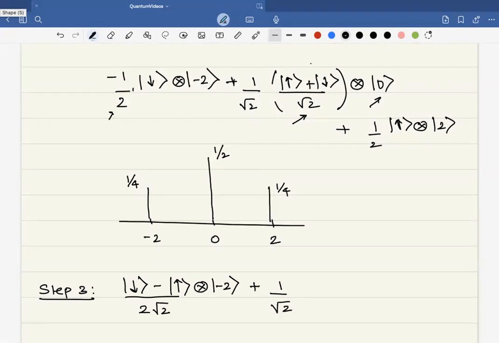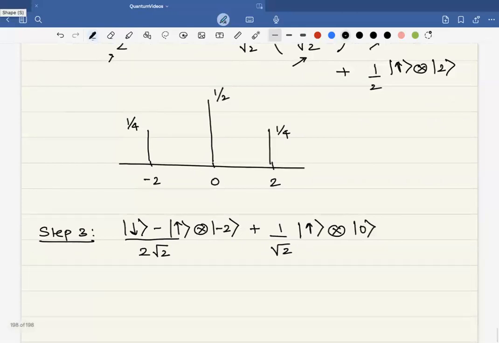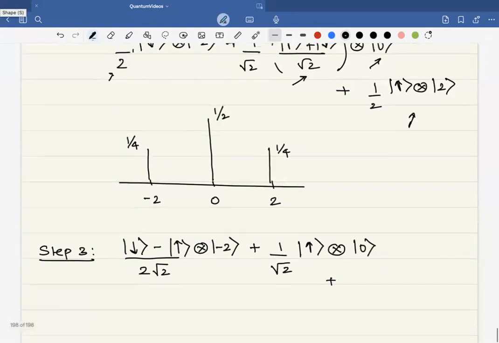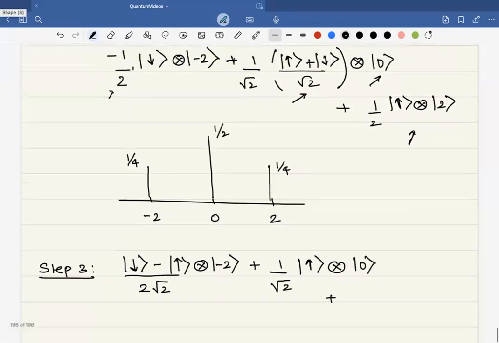The Hadamard gate takes this, like the plus state, right? So it will take the plus state back to the 0 state. So this will get back to up tensor 0. And then again it will be plus, this guy will be 1/2√2 (up plus down)/√2 tensor 2.